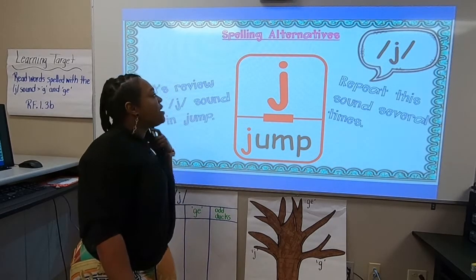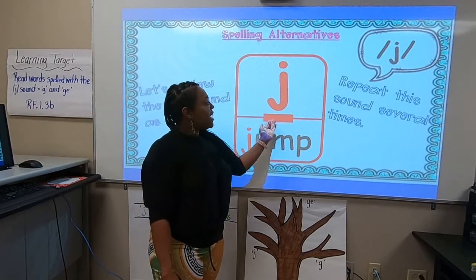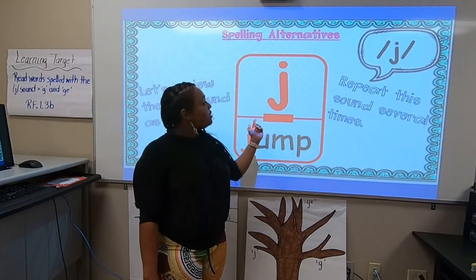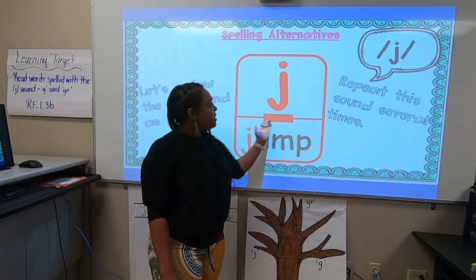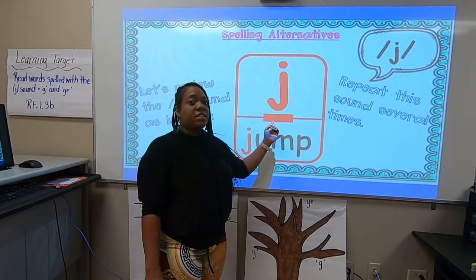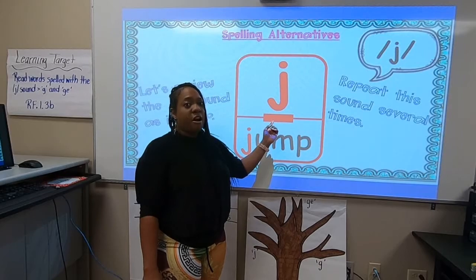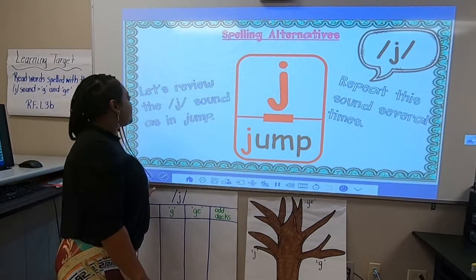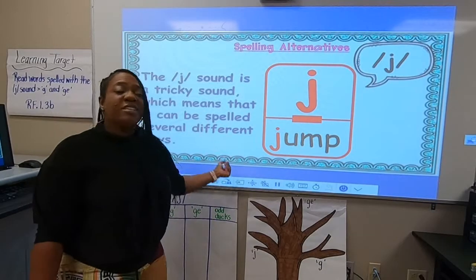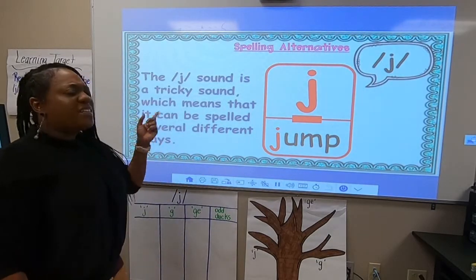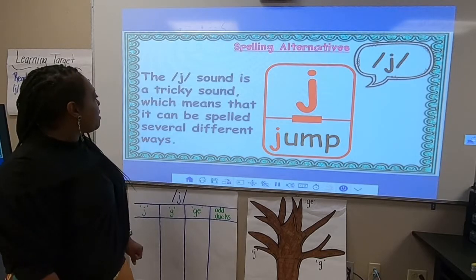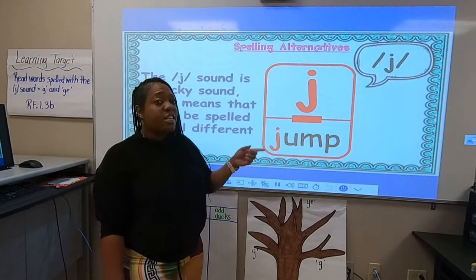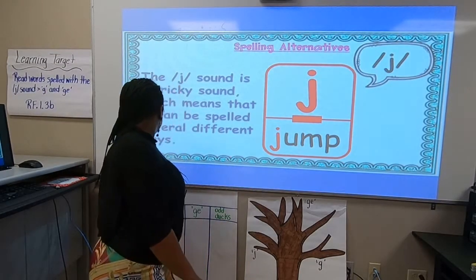Very good. Now, if you notice our power bar under our letter J, that means this spelling is commonly found in lots of our English words. The J sound is a tricky sound, which means that it can be spelled several different ways.